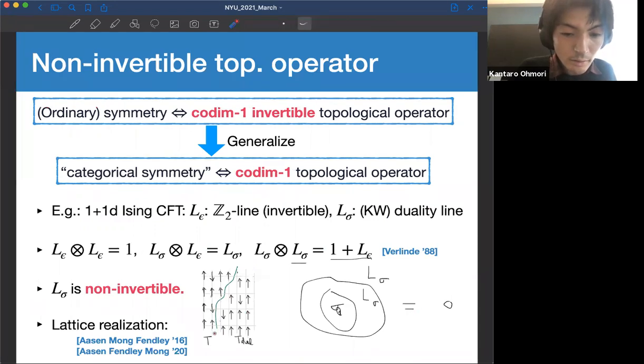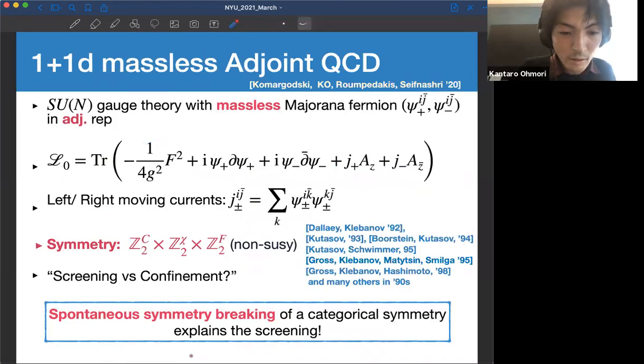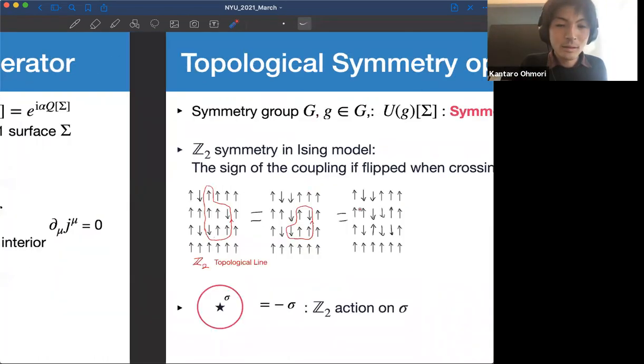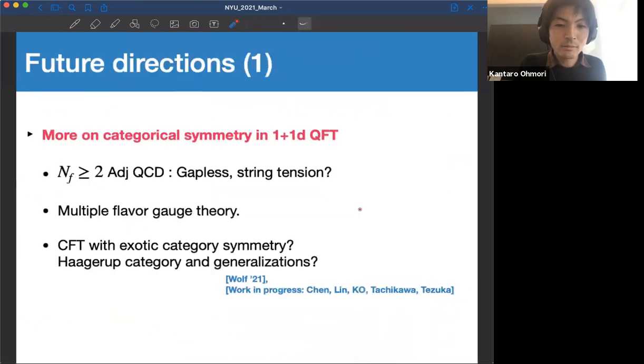Yes. As I said, these nice papers, and also the earlier paper on the Golden Chain, are directly related. These models have this categorical symmetry on the lattice, so I'm very interested in this direction. I mentioned one future direction here, a bit of an esoteric project.